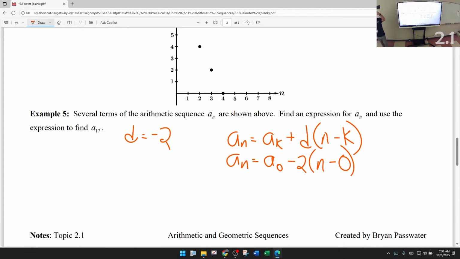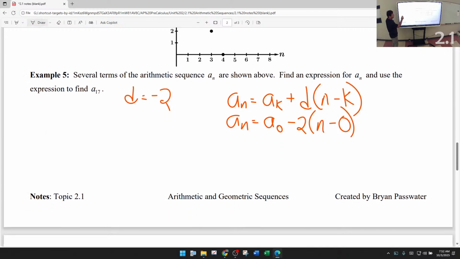That's that first formula. That first formula just basically takes the k out of it. A sub 0 was 8 minus 2n, and you're done.